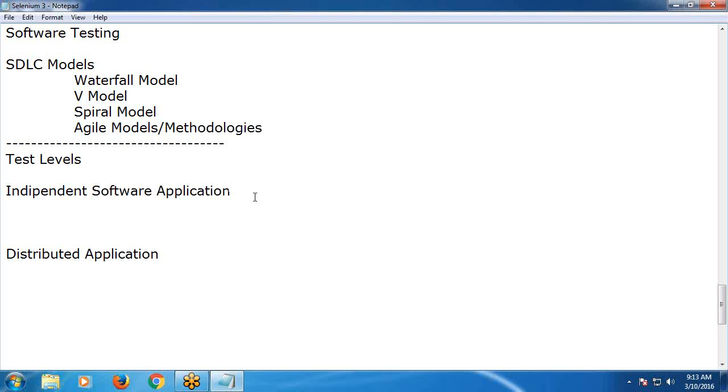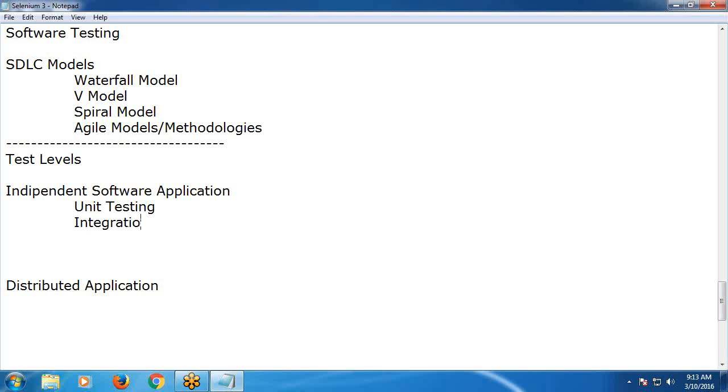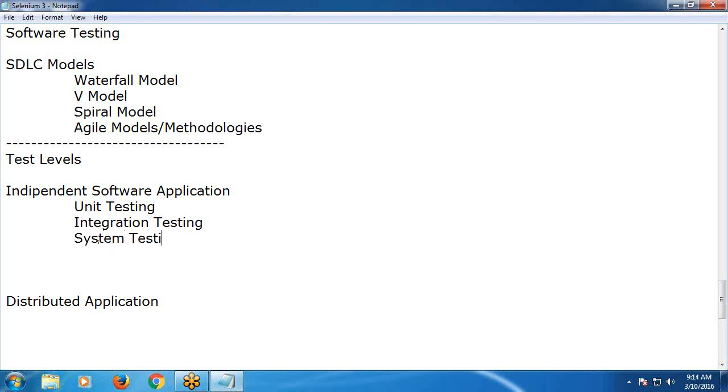For independent software applications, we have 4 levels of testing. One is unit testing, next integration testing, next system testing, next acceptance testing.